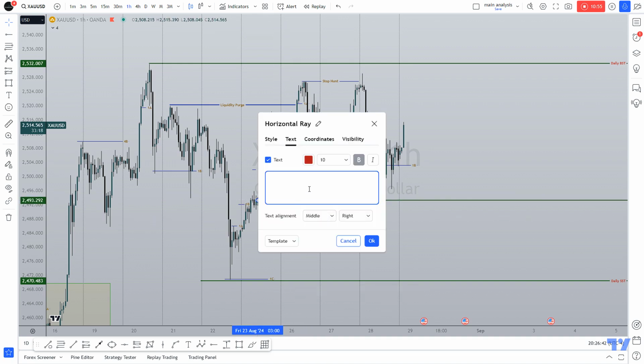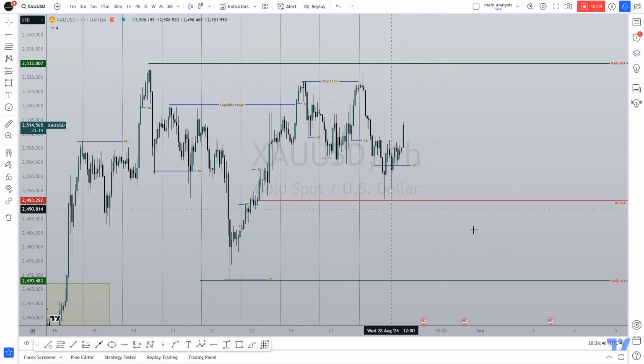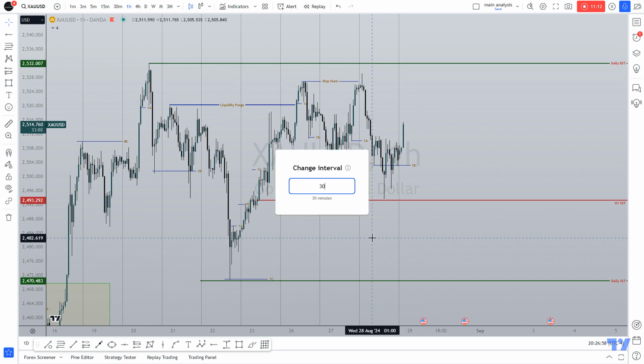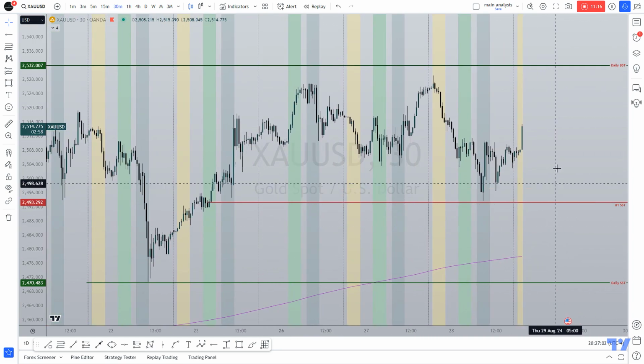Right. So what we could be looking at here is our H1 sell side target, where price is currently heading to, right? So if I'm going to be going short this morning or in the London session, then I will be looking to go short into these lows.